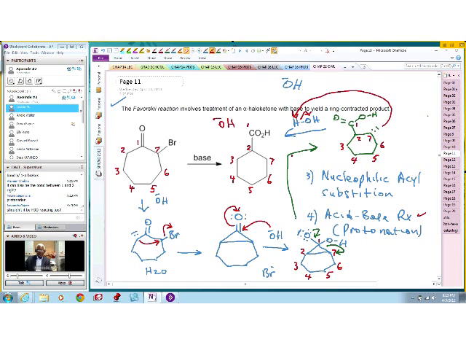We form this, plus we form the hydroxide, and that is how we get to this compound here. Now, this is what we call the Favorskii reaction.